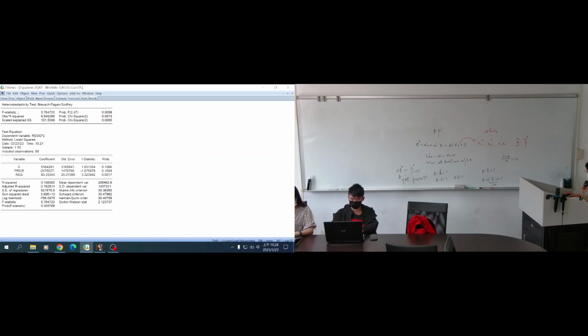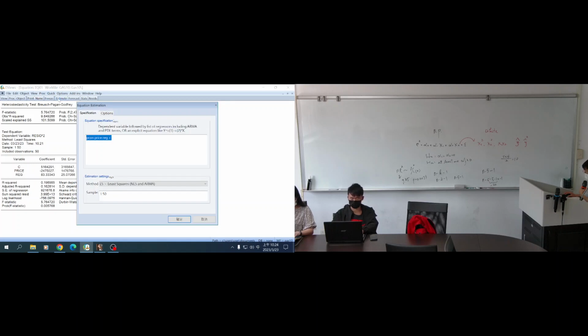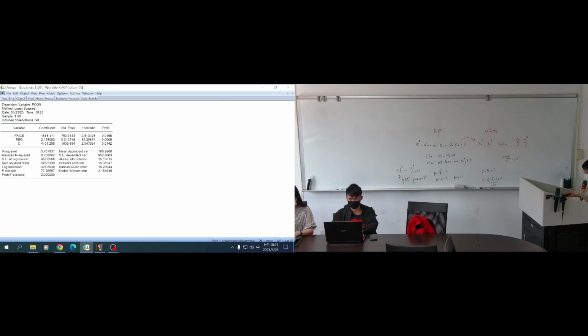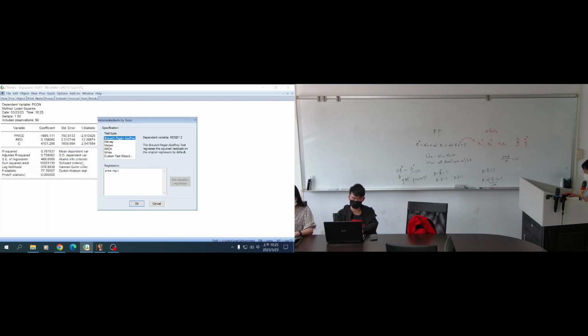Then estimate again, and using this view, residual diagnostics, heteroscedasticity, and this time I choose White. You all with me? Then I hit OK.